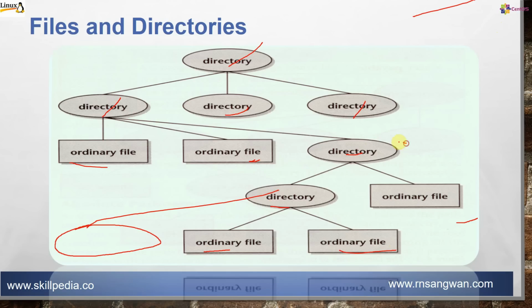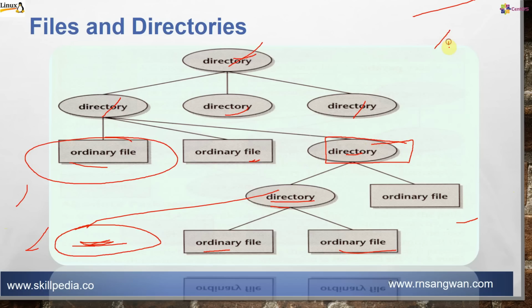Now if you are sitting here and you want to go to this directory, you can specify directory/directory, meaning this directory/directory. That will be a relative path. You don't have to specify the slash. But sitting here, if you want to specify the path to this file, you probably have to start from root.